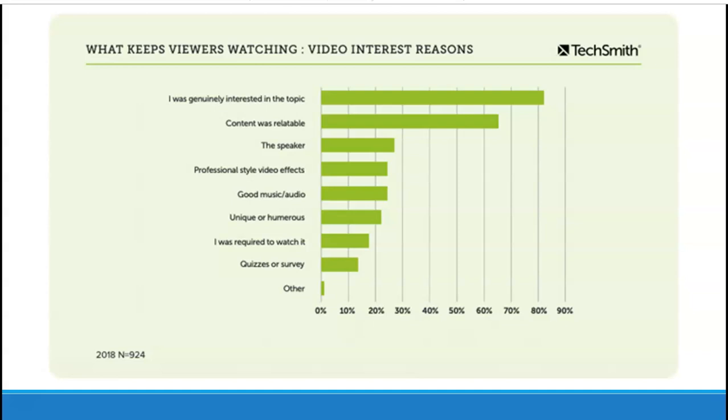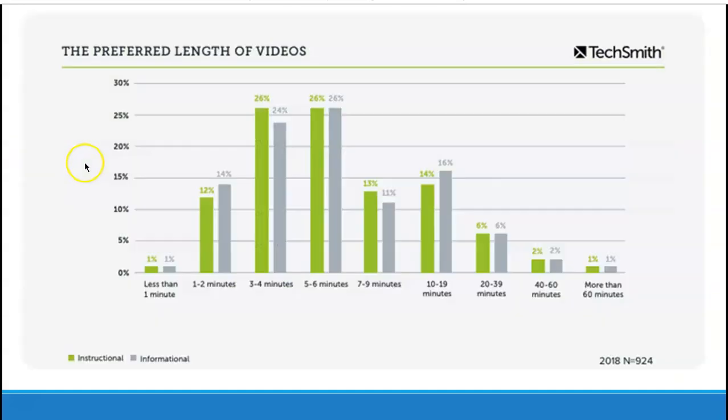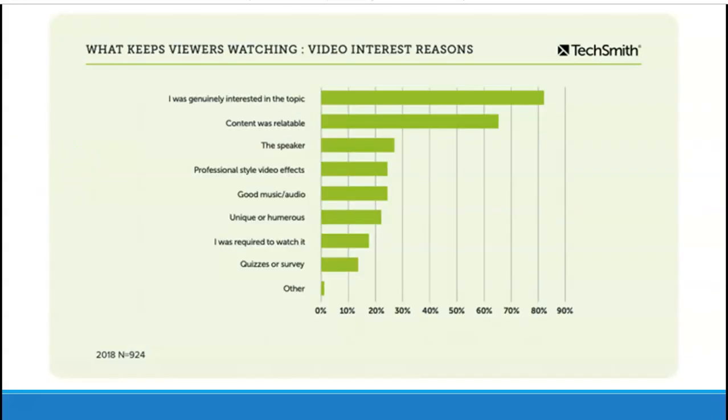If you want to keep your audience engaged, you want to consider a couple of things. Who is my audience? What problem are they trying to solve? What are their goals? What will they need from me to accomplish these goals? What are their skill levels?